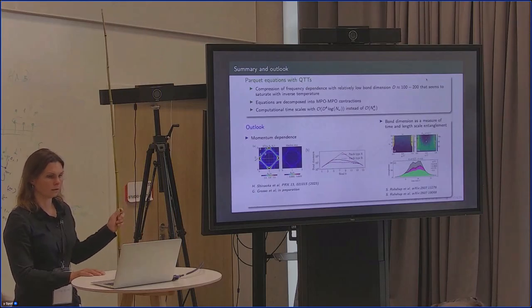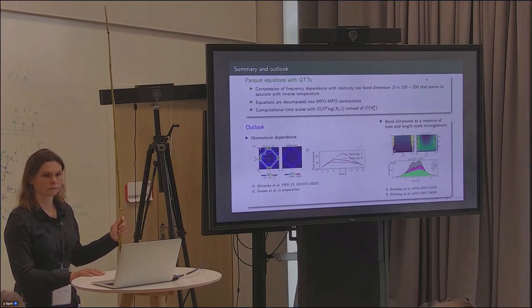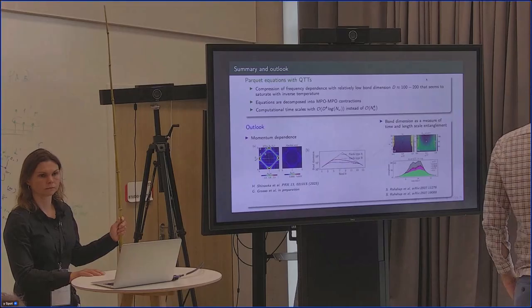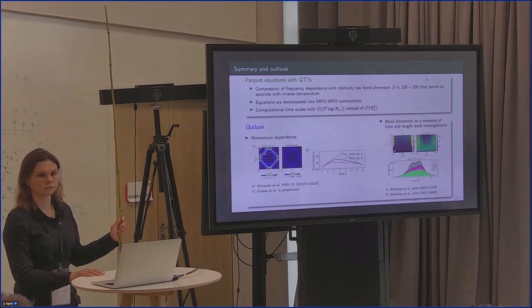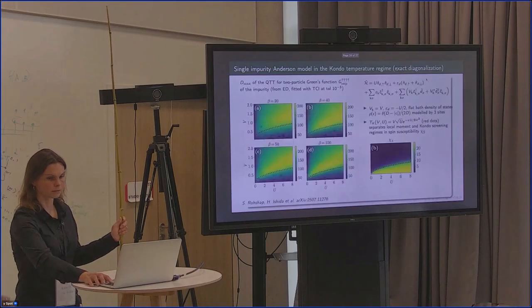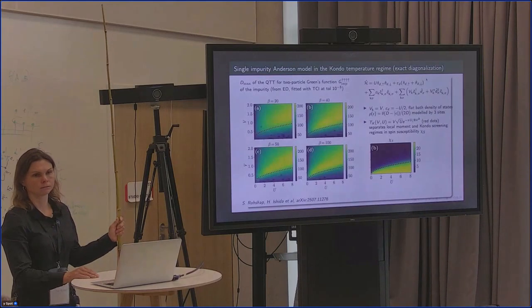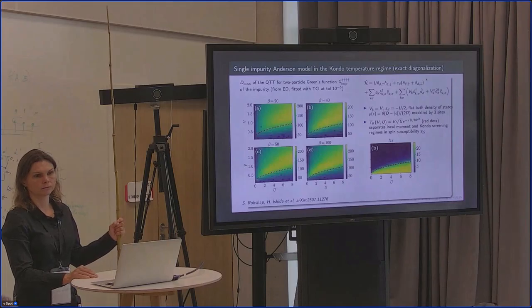Okay, questions? Coming back to your interpretation that when you go to the Fermi liquid regime, it's simpler than at the temperature between the transitions. The thing I don't really understand is that what you're compressing here is a function of frequencies, right? Two frequencies.